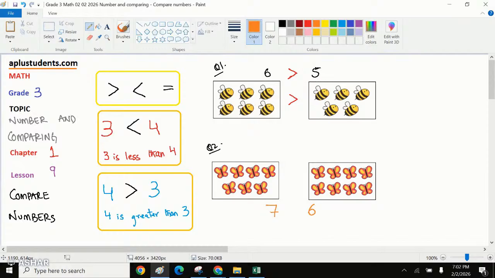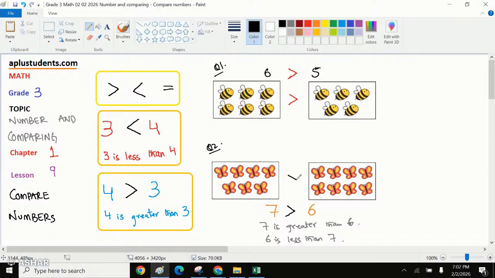Can I say 7 is greater than 6? If someone says 6 is less than 7, either way it's a correct statement, right? So we always make the open end towards the bigger value.